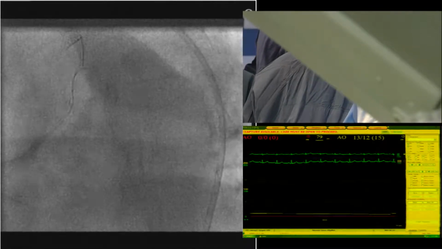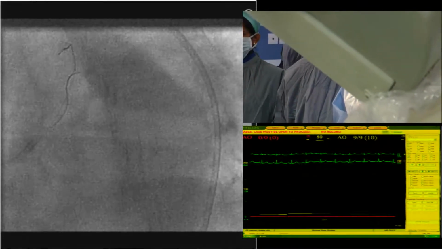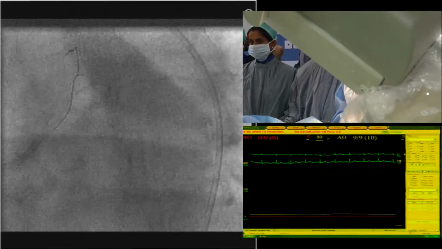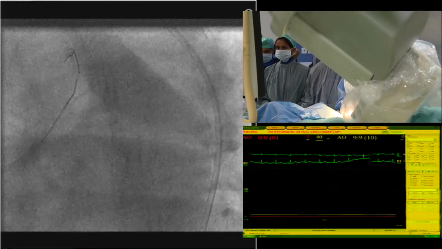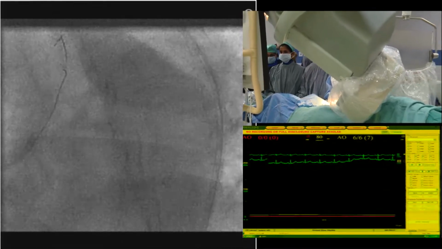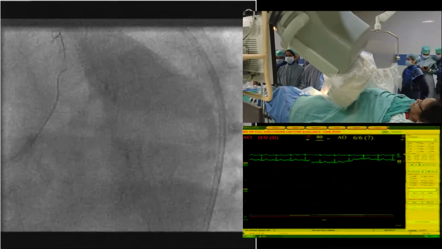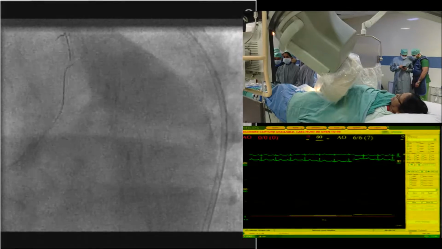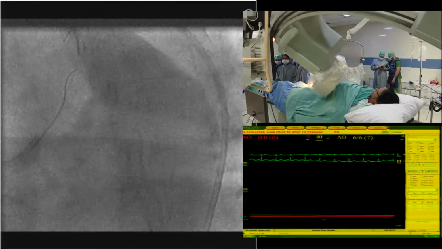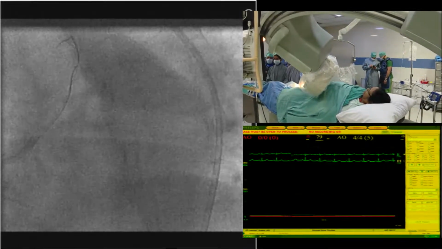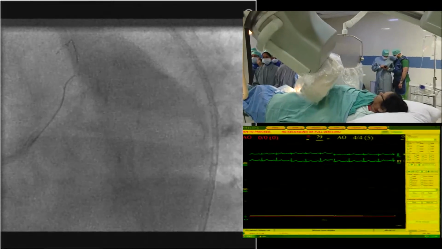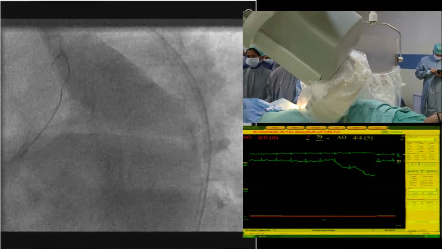I cannot describe this too much here because of time limitations, but for those in the audience who are interested in zero or ultra-low contrast PCI, I deliver a talk at around 7 o'clock this evening.